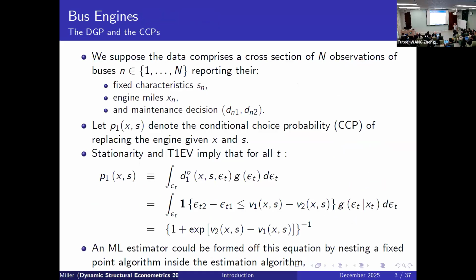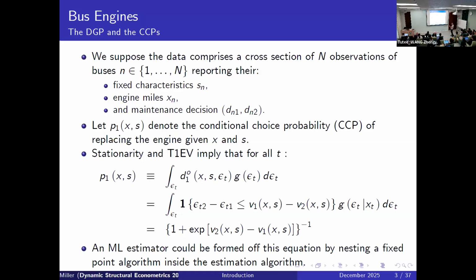Now, suppose we have a cross-section of a bunch of buses, and we know their fixed characteristics, and I'm just going to modify John's analysis just a little bit by pretending there are both Fords and GMs there, and although that's kind of dated these days, anyway.